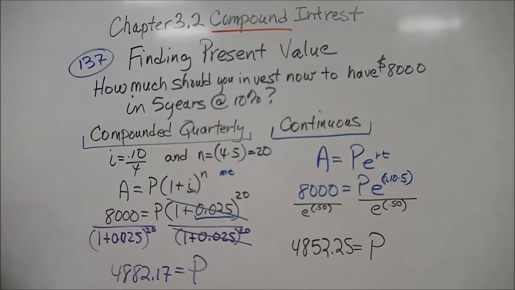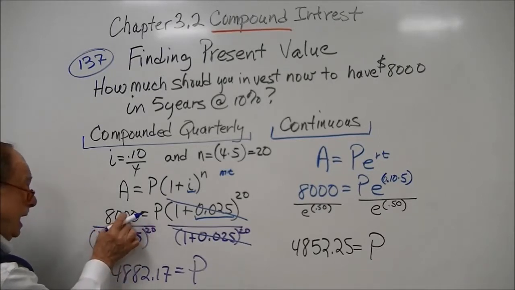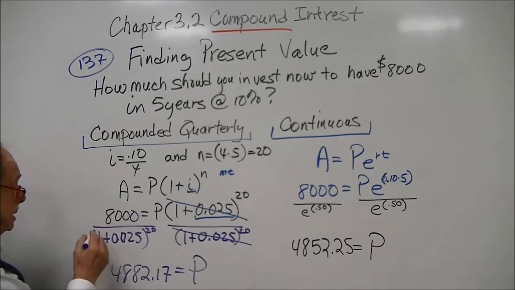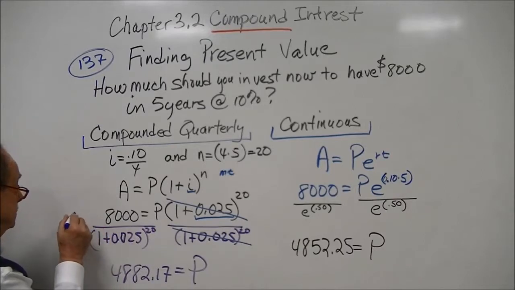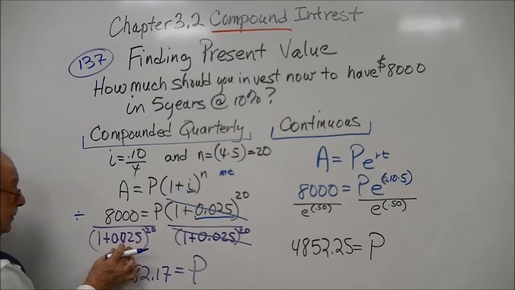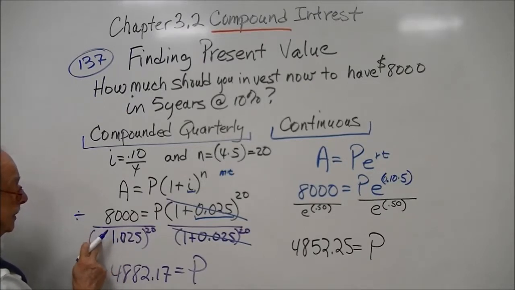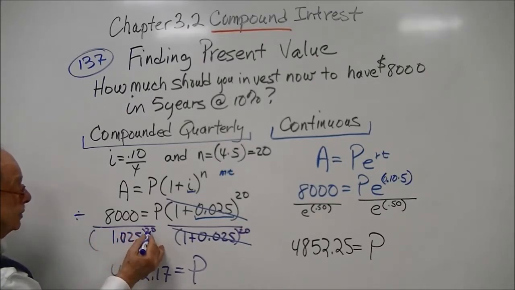So here's where your trusty calculator comes in, and your 1 in the math program. You're going to put in the top 8,000 divided by, put that divided sign in there, and then you add these two together. This just is going to become 1 point that, caret to the 20th power.